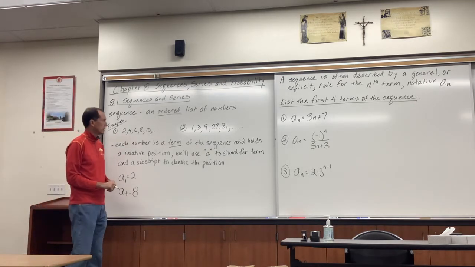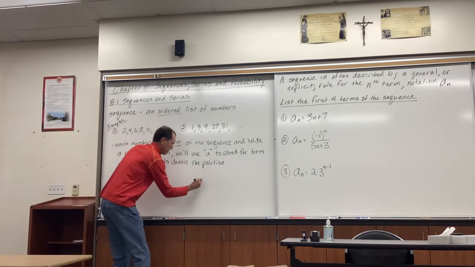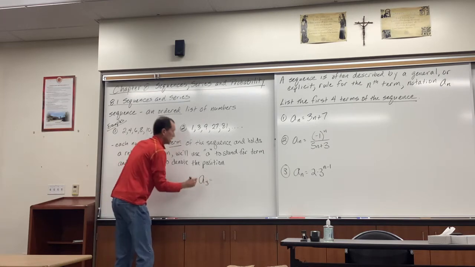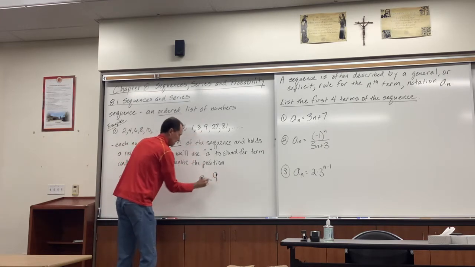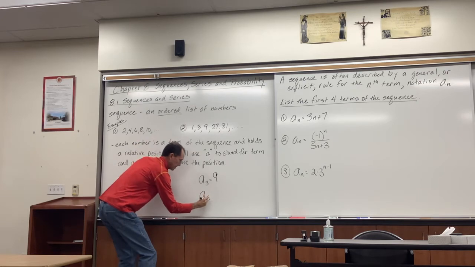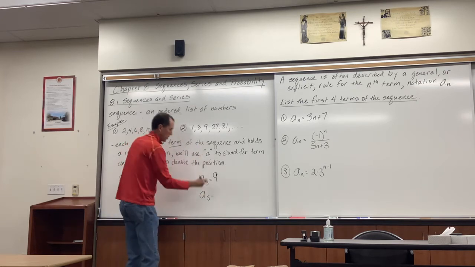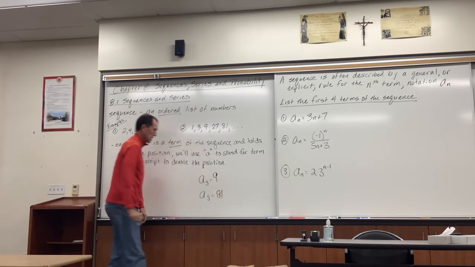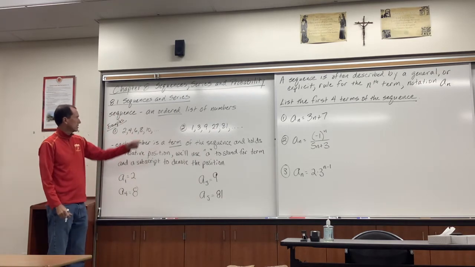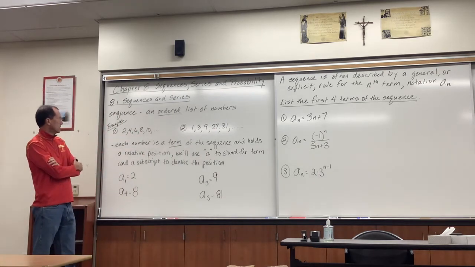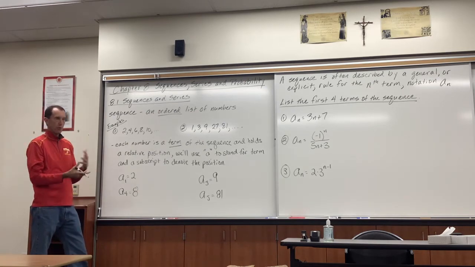In this example over here, you could say the third term is 9, and the fifth term is 81. If you took a quick look at those, you could see that, again, a list being ordered means there might be some sort of pattern to the numbers, and that's going to be key to what we're doing.